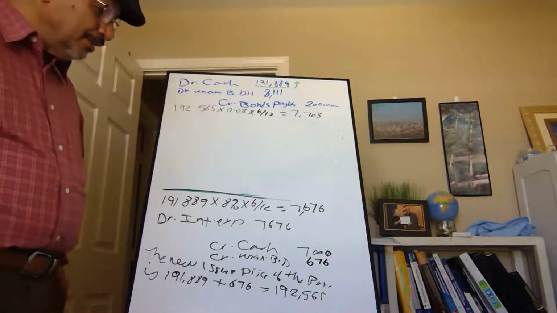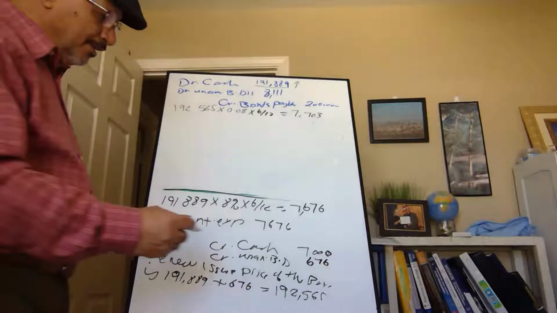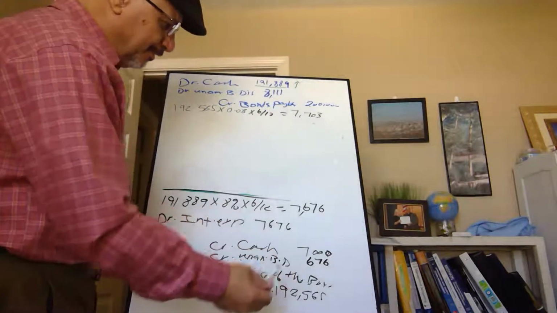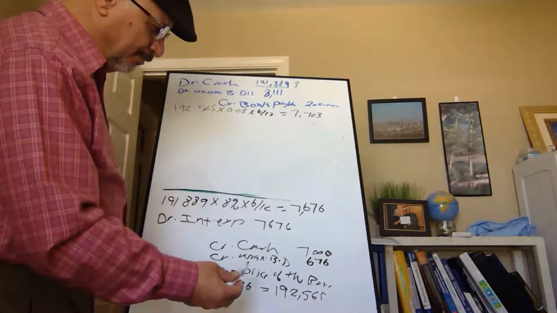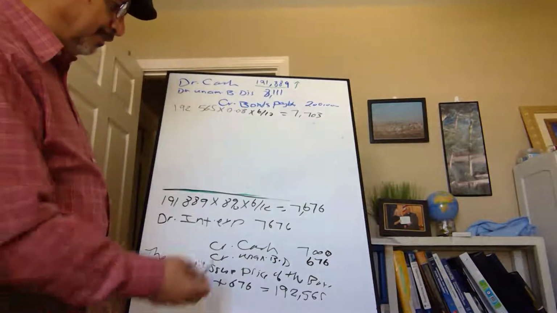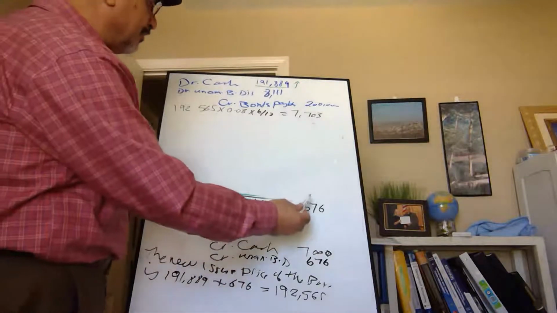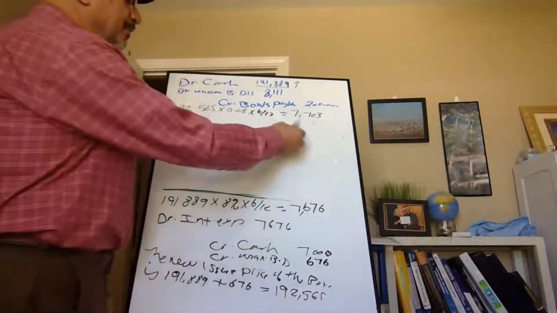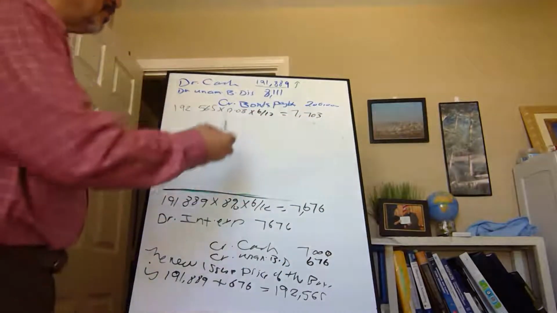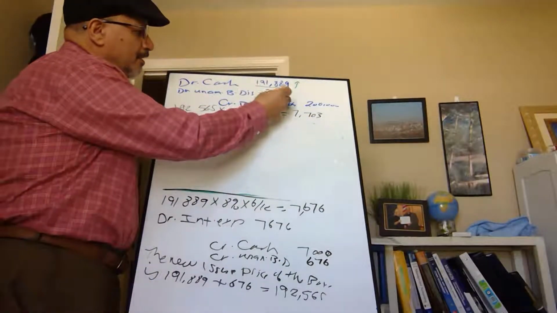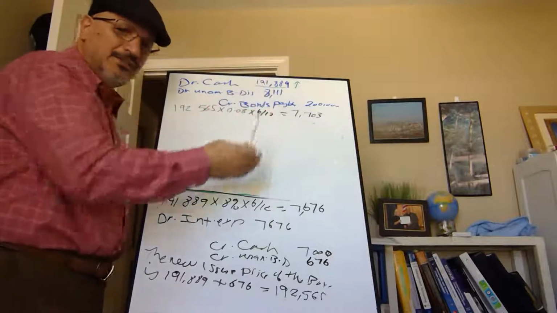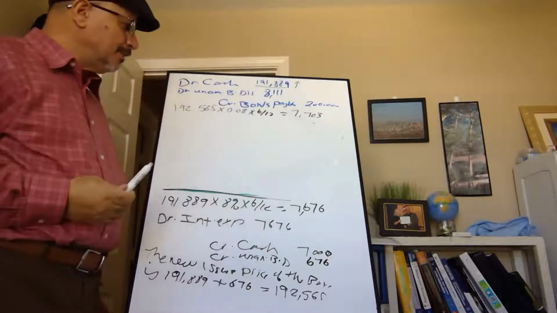The first one was 7,676. Now it is 7,703 because the carrying value of the bond went up a little bit.